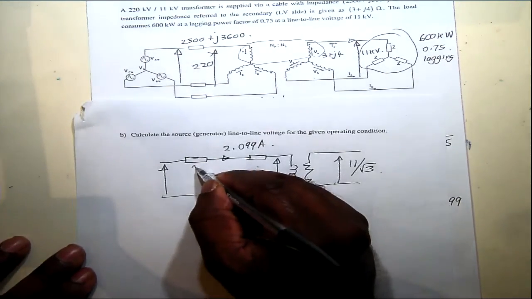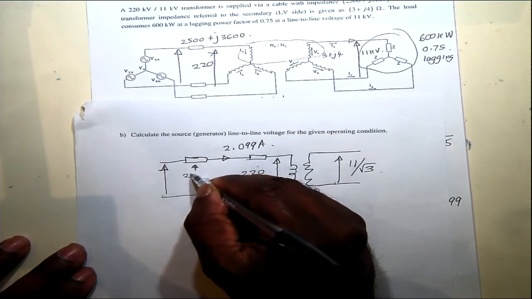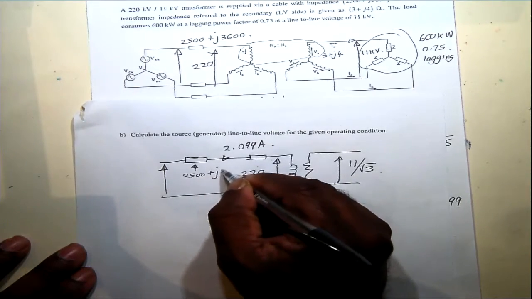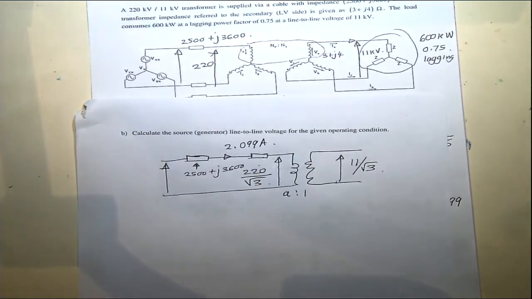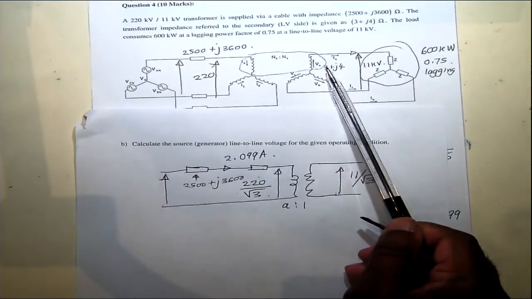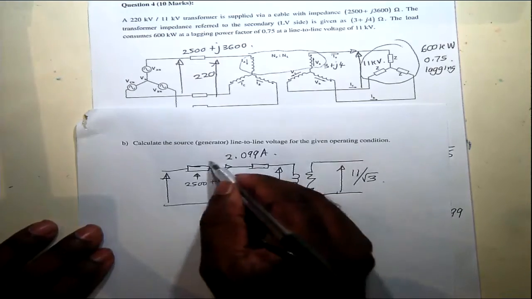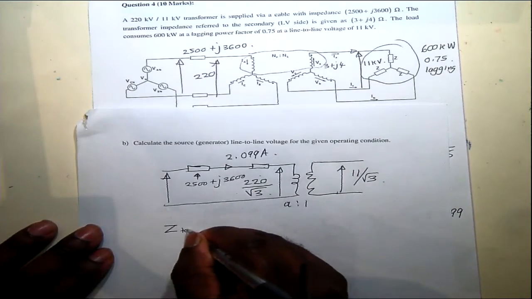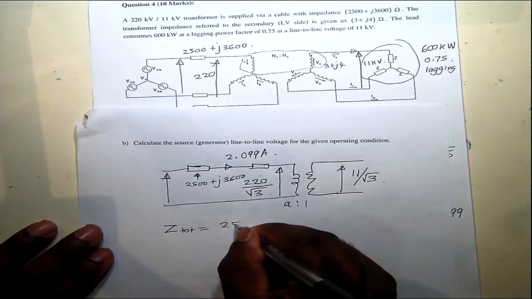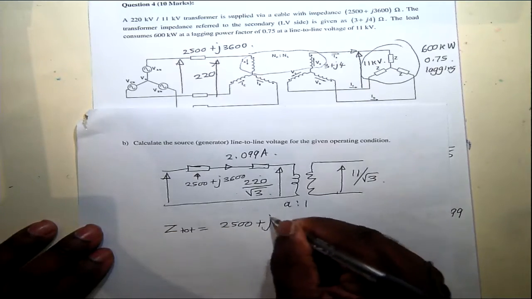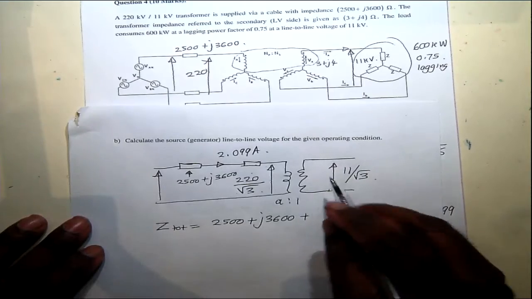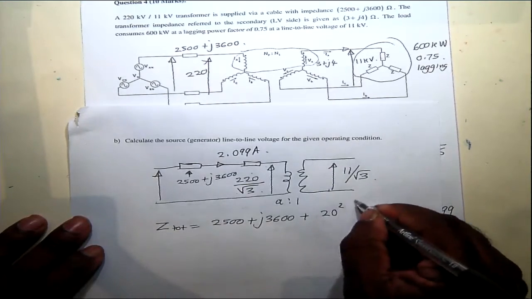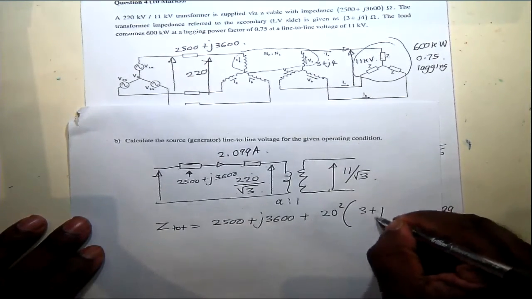We know that the cable impedance is 2500 plus j3600. This other value is the turns ratio squared times the transformer impedance. So the total impedance, I'll write it as Z total, will be 2500 plus j3600 plus the turns ratio squared, where the turns ratio is 20, squared, times 3 plus j4.